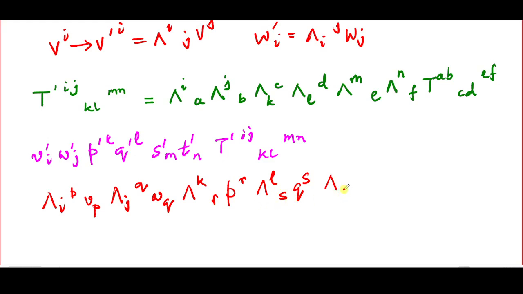So, I am now actually revising my alphabets. Lambda M, T, S, T. Now I am really running into trouble here because T is also the name that I have given to my vector.